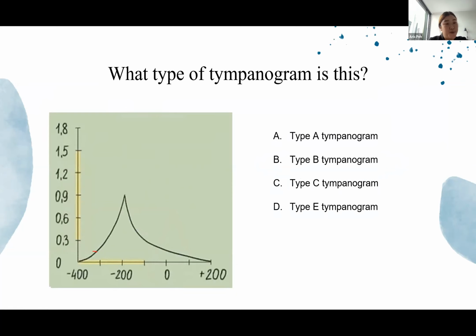Option A is type A, B is type B, C is type C, and D is type E. Yeah, so C is correct because the peak pressure is less than -100. There is a negative pressure in the middle ear.